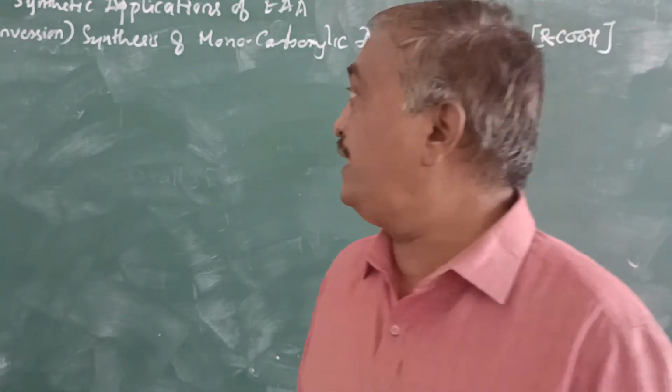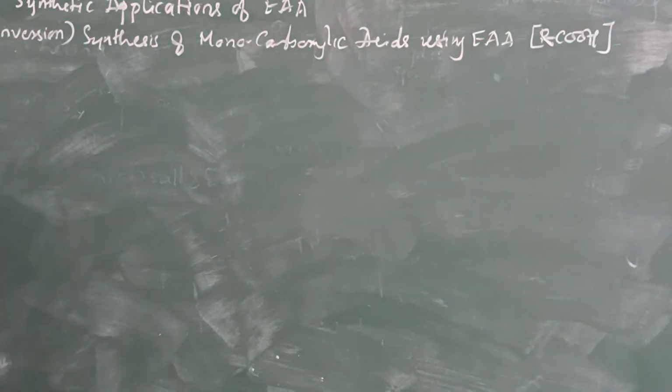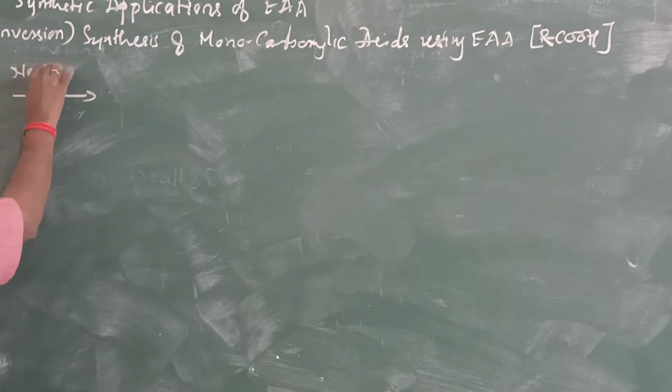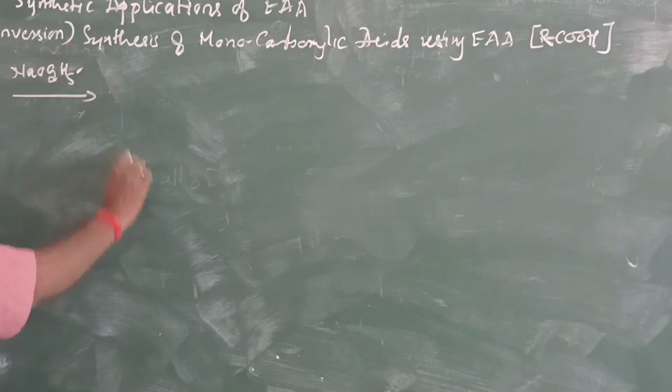Now here again we start with the same CH3, CO, CH2, CO, OC2H5, and allow it to react with sodium ethoxide, NaOC2H5.